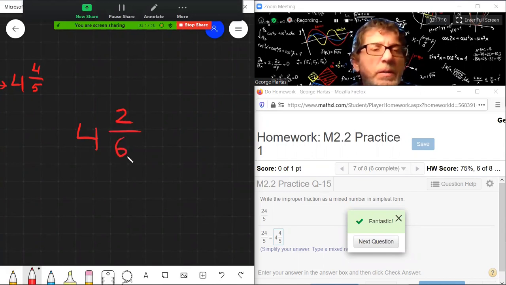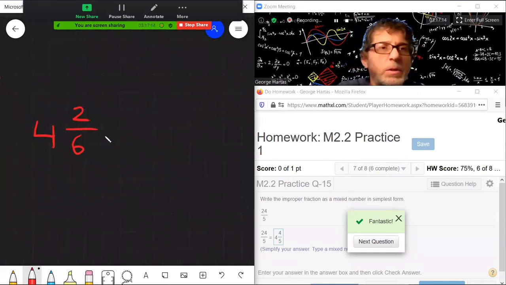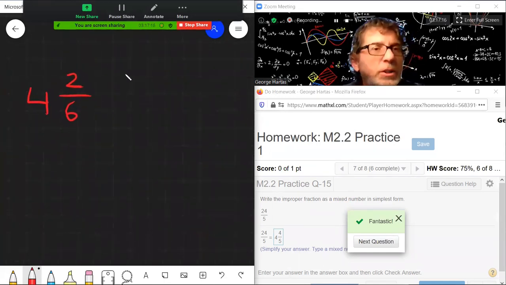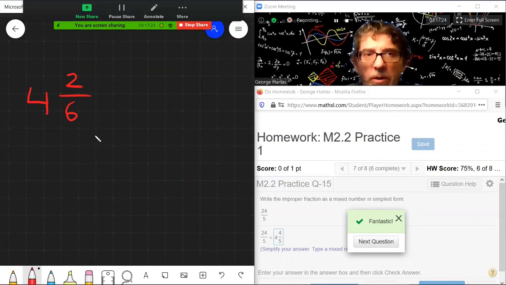Pretend. Now, pretend's a whole different problem, right? We got a whole different problem here. And our answer is this. If you were to type that in the system, it would be marked as wrong. And the reason is because the fraction part can reduce.